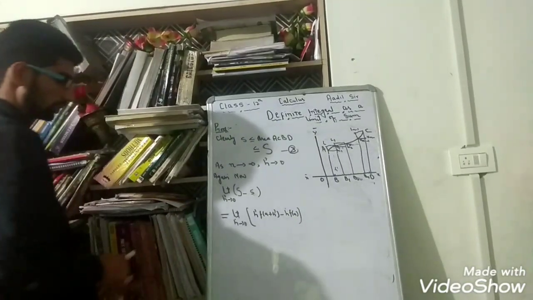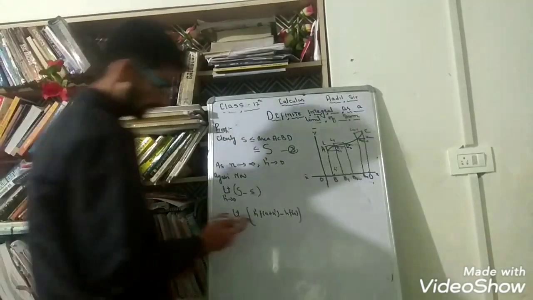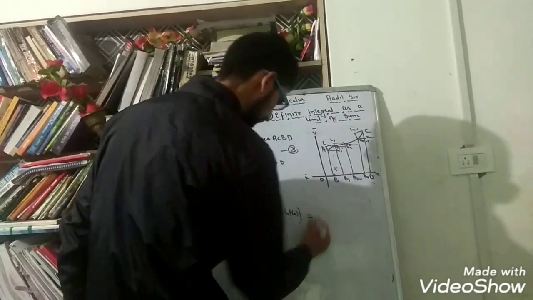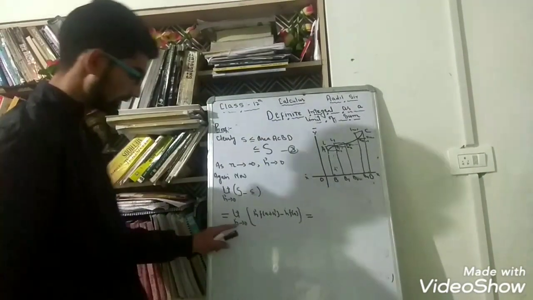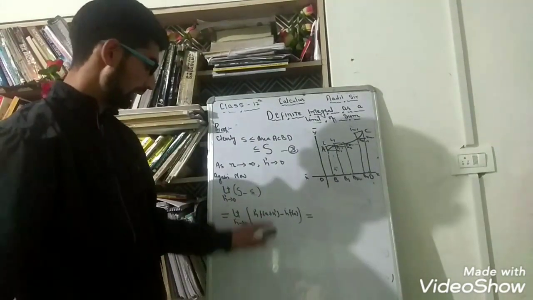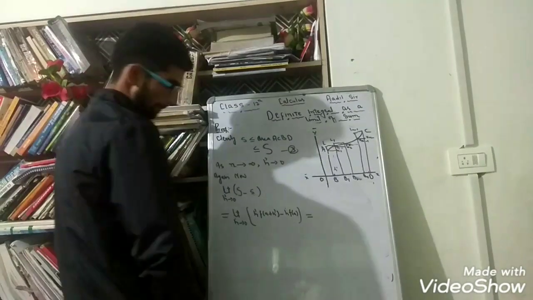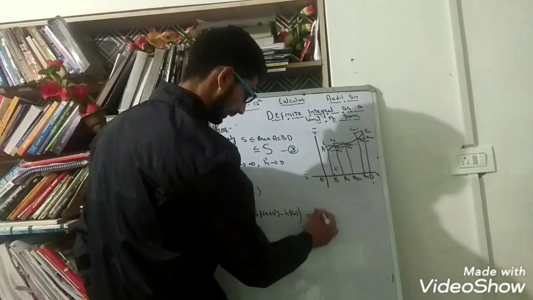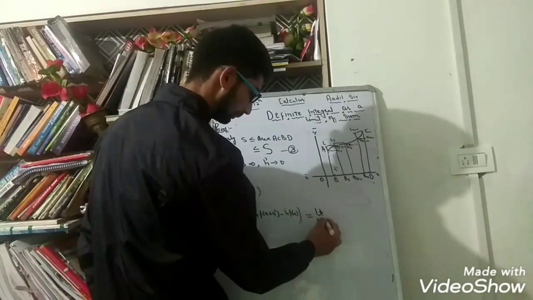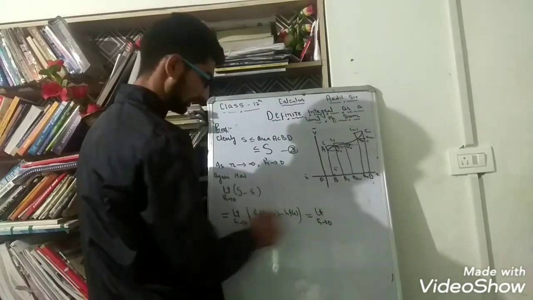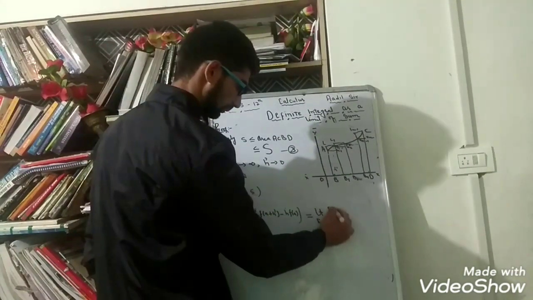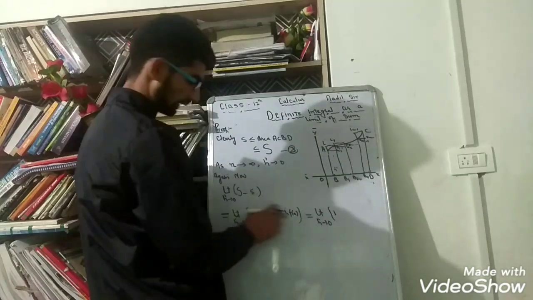So here limit h tends to 0, this S minus s I am getting equal to limit h tends to 0 of h f of a plus nh minus f of a. I will take this h as common.